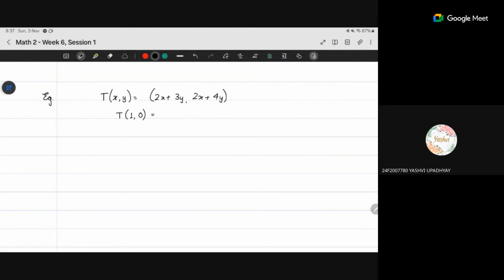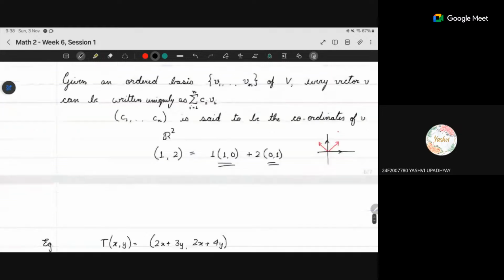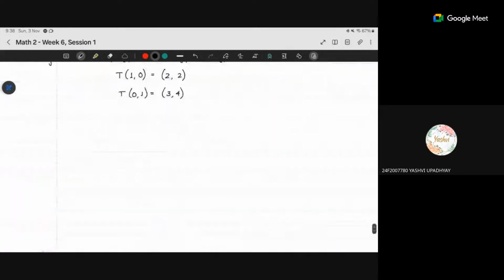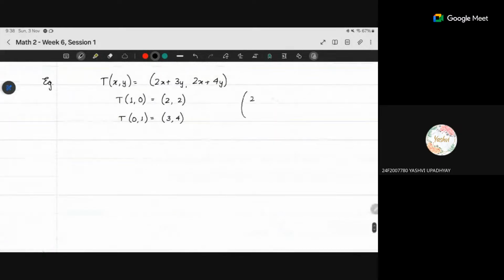This is just (2, 2). What is T of (0, 1)? This is (3, 4). And what did we write as the matrix of the representation? It is 2, 3, 2, 4. So let me write this over here. What do you see? Do you observe something?